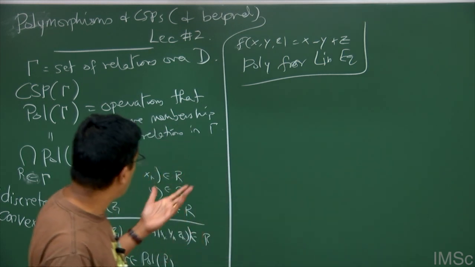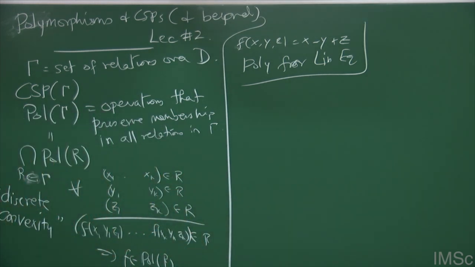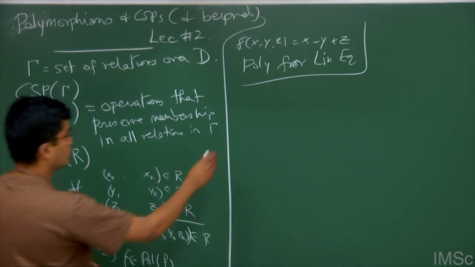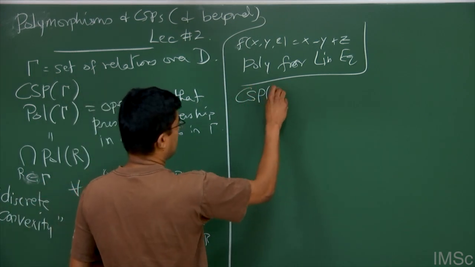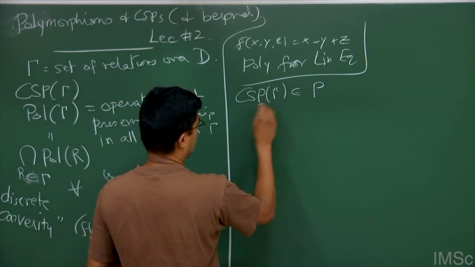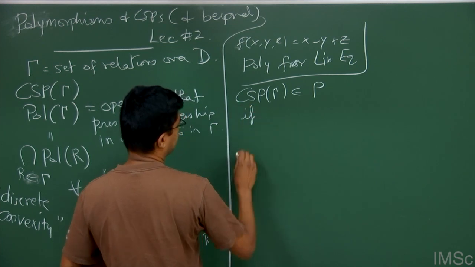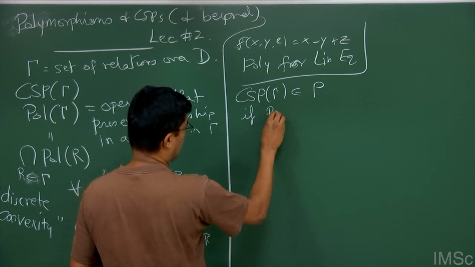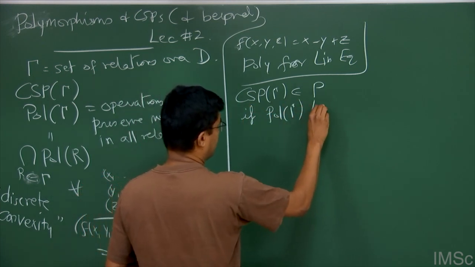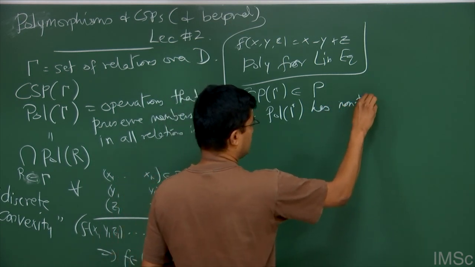We stated the dichotomy theorem, which is that basically a CSP of Gamma is in P if Pol of Gamma has non-trivial functions.